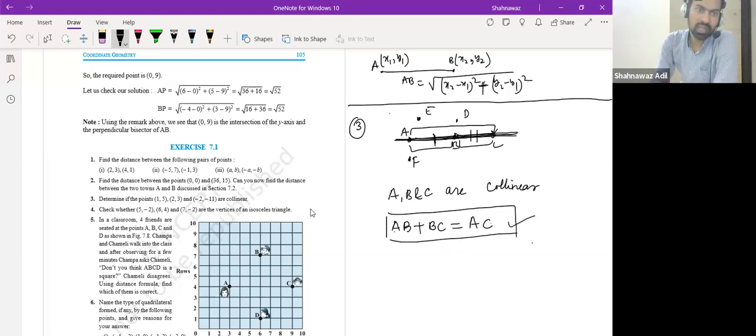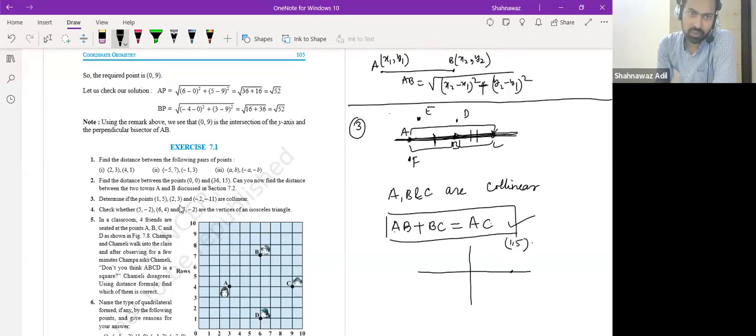Okay, so I have these 3 points: (1, 5), (2, 3), and (-2, -11). So let's say this is 1 and 5.